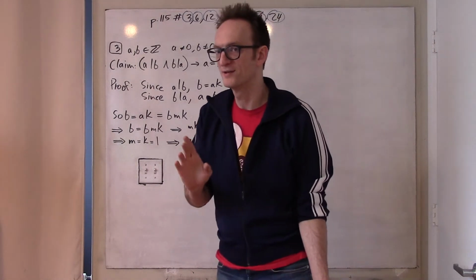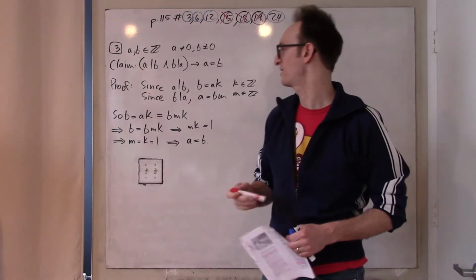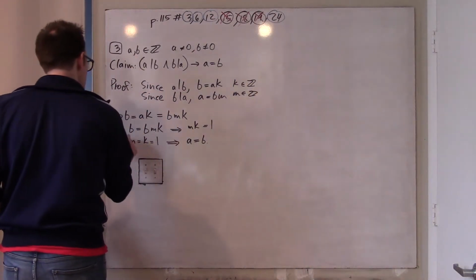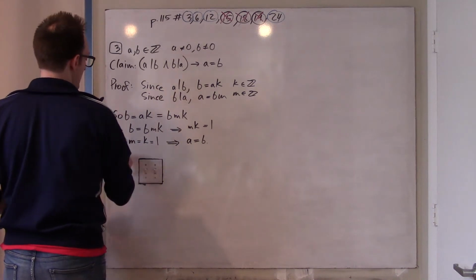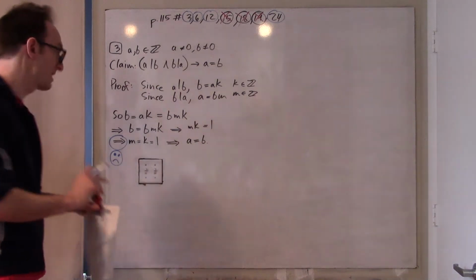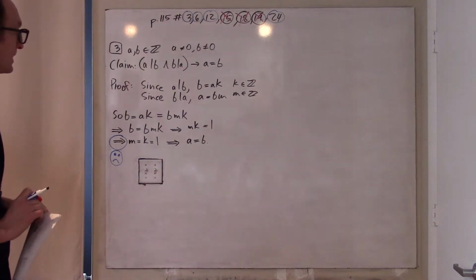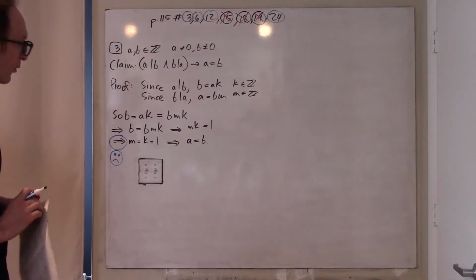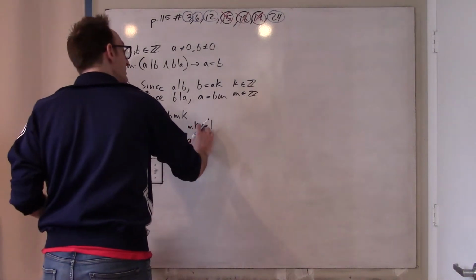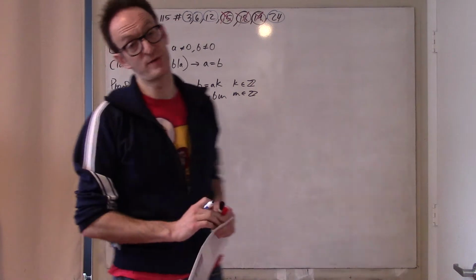But wait, no, I found the error. It is right here. I cannot conclude that just because m times k is 1, that m and k are both 1. What if, alternatively, since m and k are integers, m and k are both -1?